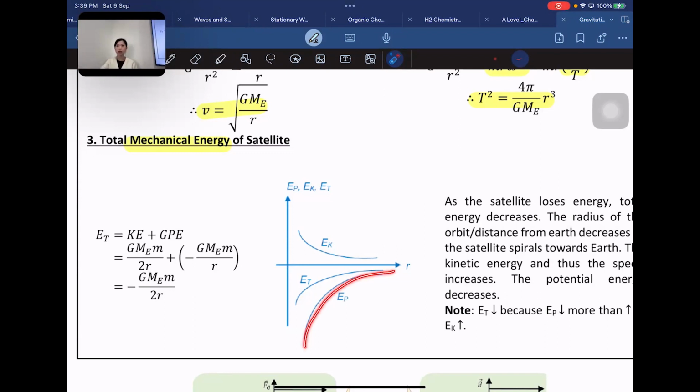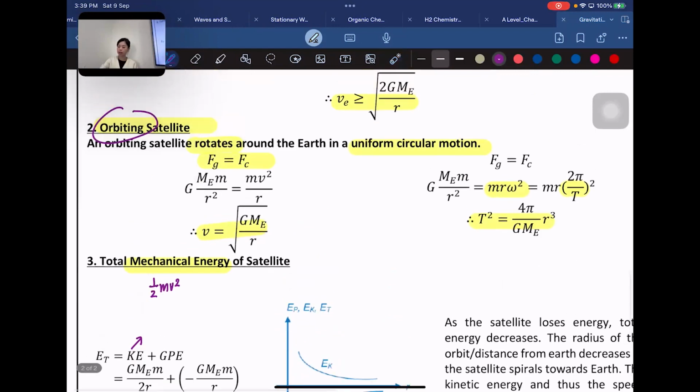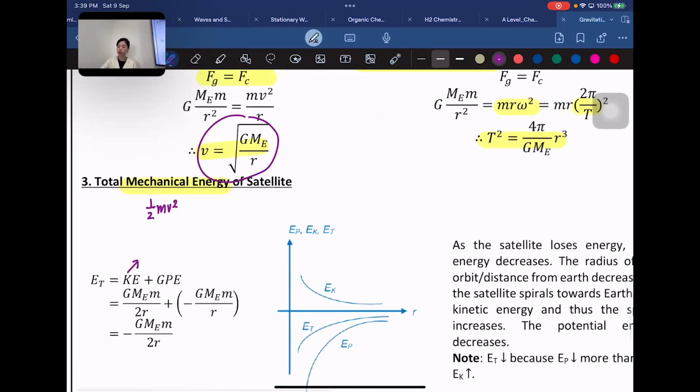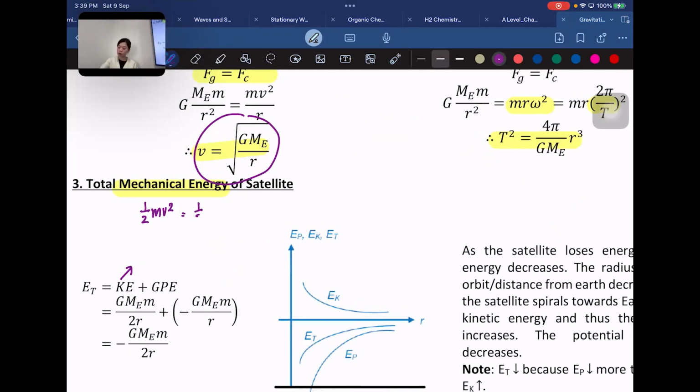Right? Now, what about KE? KE, you know that it is equivalent to half mv squared. For an orbiting satellite, the v is taken to be this formula here because of centripetal force. So if I were to substitute in, I'll get half m times the square root of GM over r, the whole thing squared.